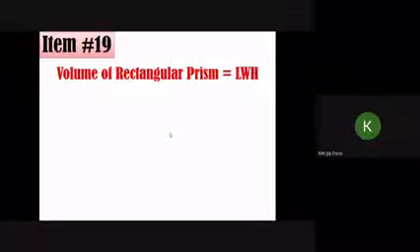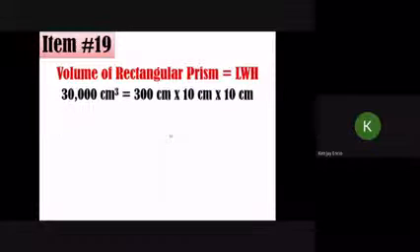And aside from that, in our case, we could express 30,000 centimeters cubed, as an example, into 300 cm times 10 cm times 10 cm. Don't worry, guys. If you chose other values, there's no problem with that. You will still arrive at the same answer.